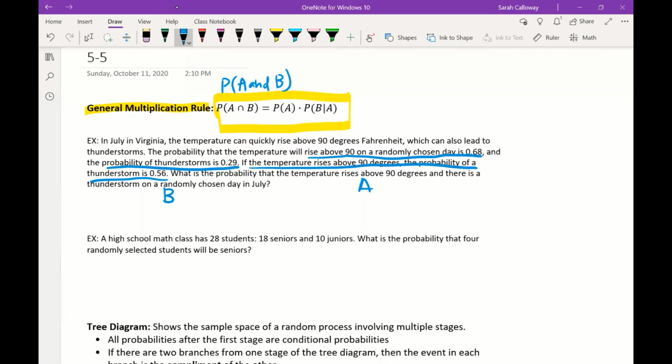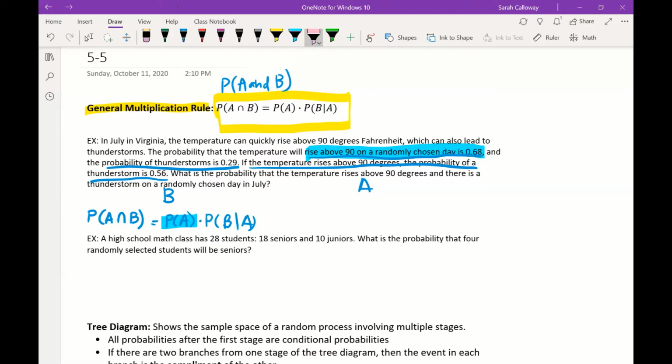So they want us to find the probability of A and B, which means we need to know the probability of A times the probability of B given A. If we look at our probabilities, event A is that the temperature rises above 90, so that's the first probability they gave us. That probability is going to go there. And then we have two different thunderstorm probabilities.